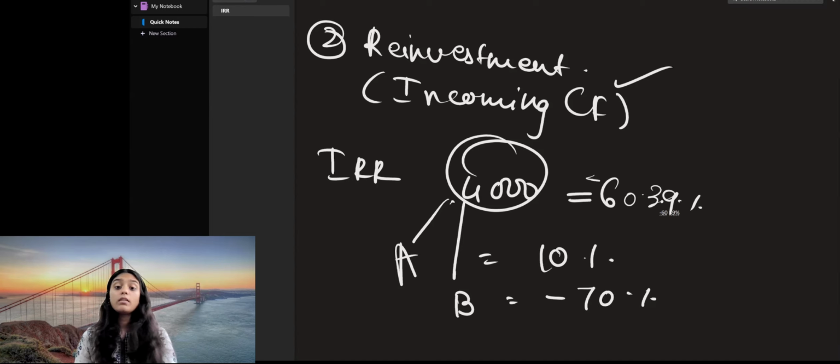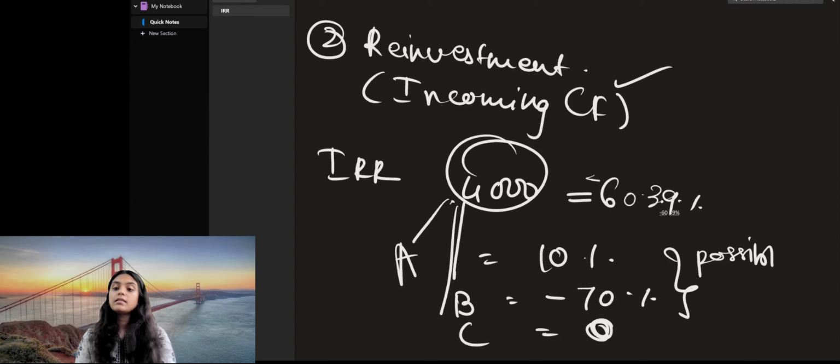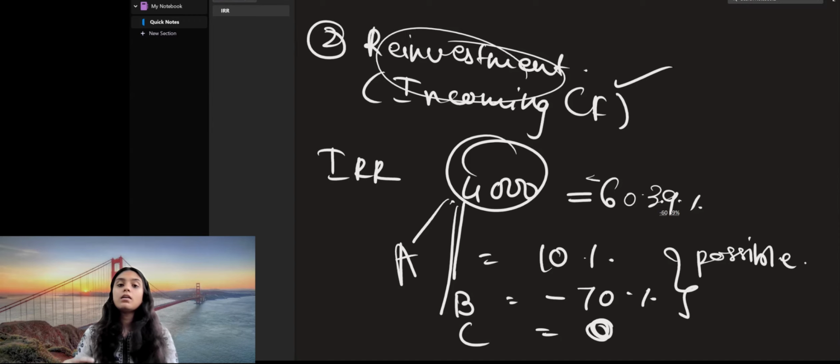Or even there is a third possibility that you get no returns from it. So these three ways are possible. Hence, this is one of the assumptions that IRR considers while calculating, and it is one of the drawbacks of the IRR.